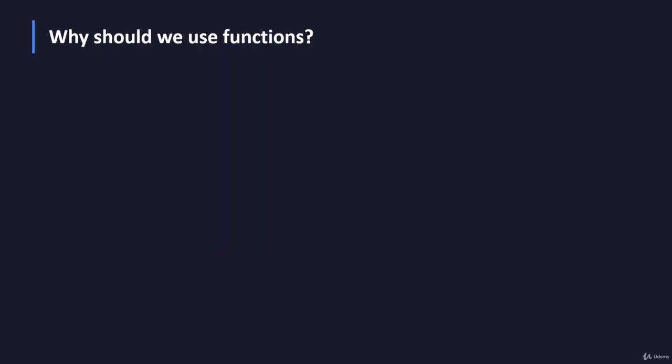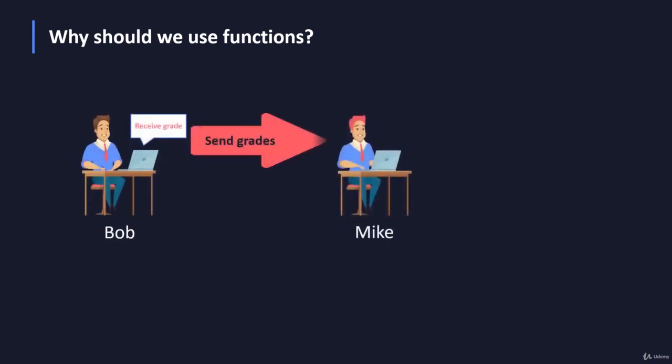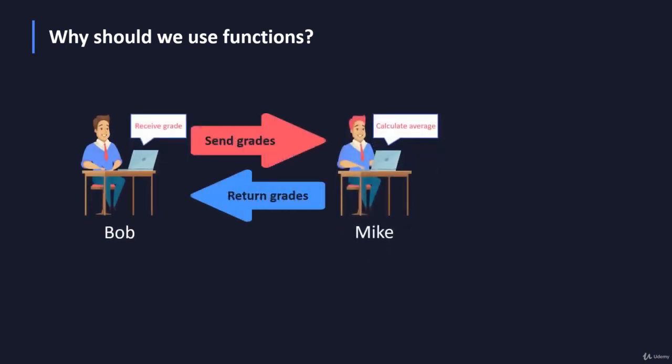If we know that the process of calculating the average grade for every student is pretty much the same, then we would like to create some guy, let's call him Mike for this example, whose goal is to be in charge of getting some grades from Bob and calculating the average grade between them. So all Mike knows to do is simply to receive a couple of grades, calculate the average grade, and finally return the result to Bob.